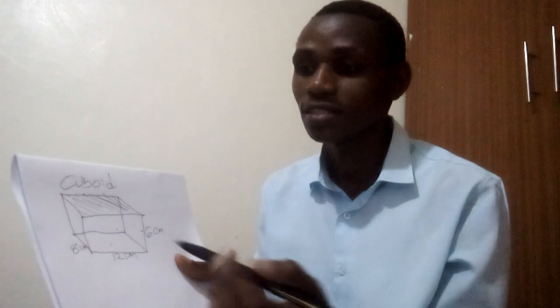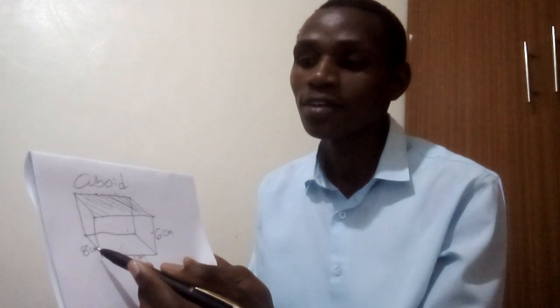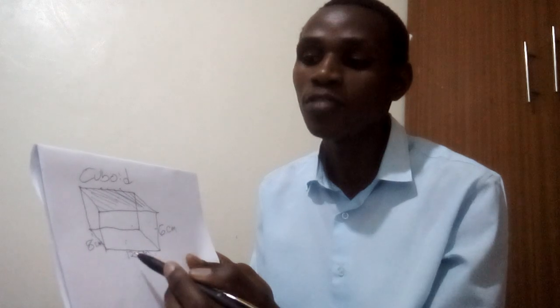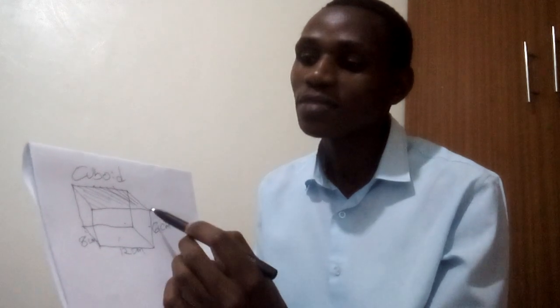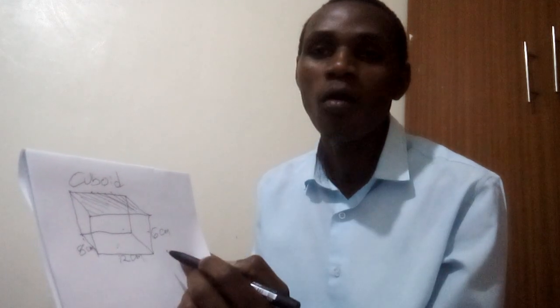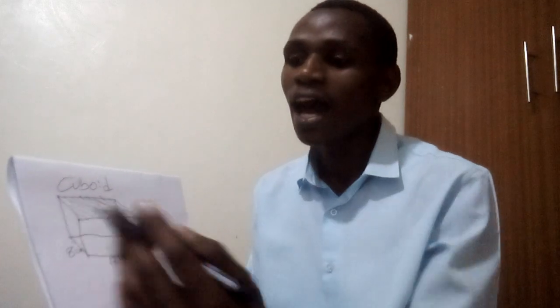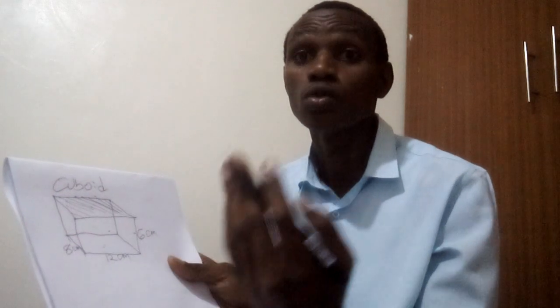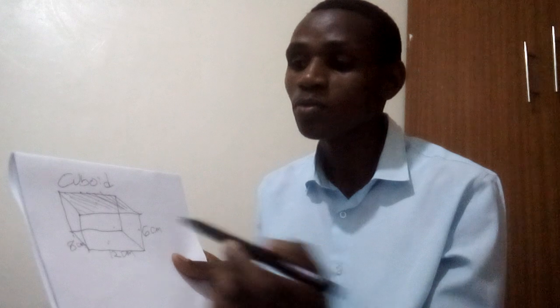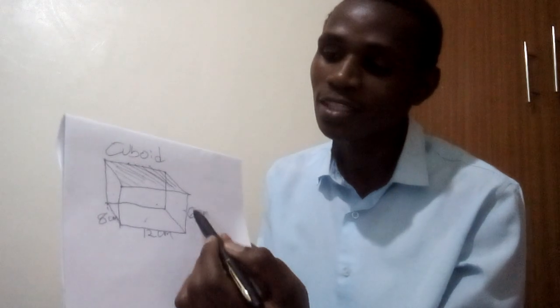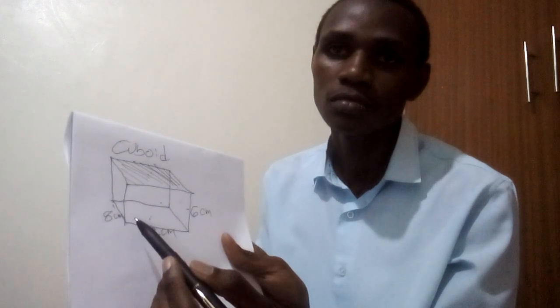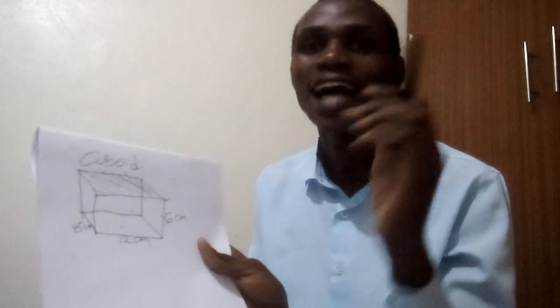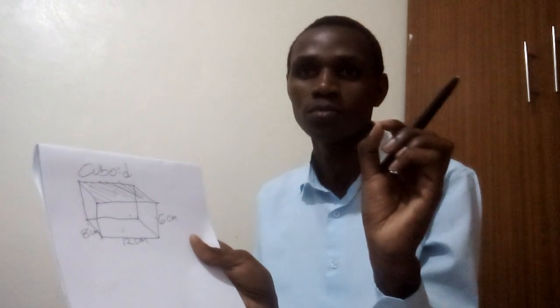It's very simple. Playing with numbers. We have the measurements of the base. We have the measurements of the front and of the sides. So it makes it very simple because the shape of this object, it's a rectangular shaped object.